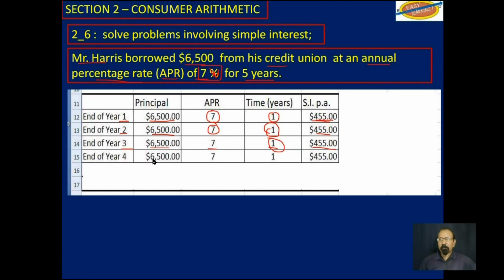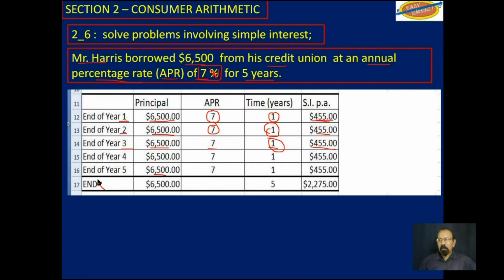Year 4, same thing happens, and year 5, same thing happens. So at the end, you would have borrowed $6,500 at a percentage rate of 7% for 5 years, and so your total interest calculated annually is $2,275.